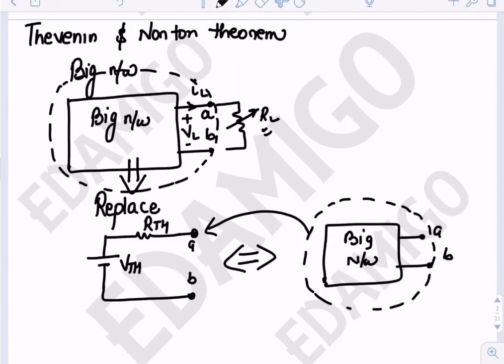Now easily we can connect RL variable load here and calculate the current and voltage across this RL whenever it changes.